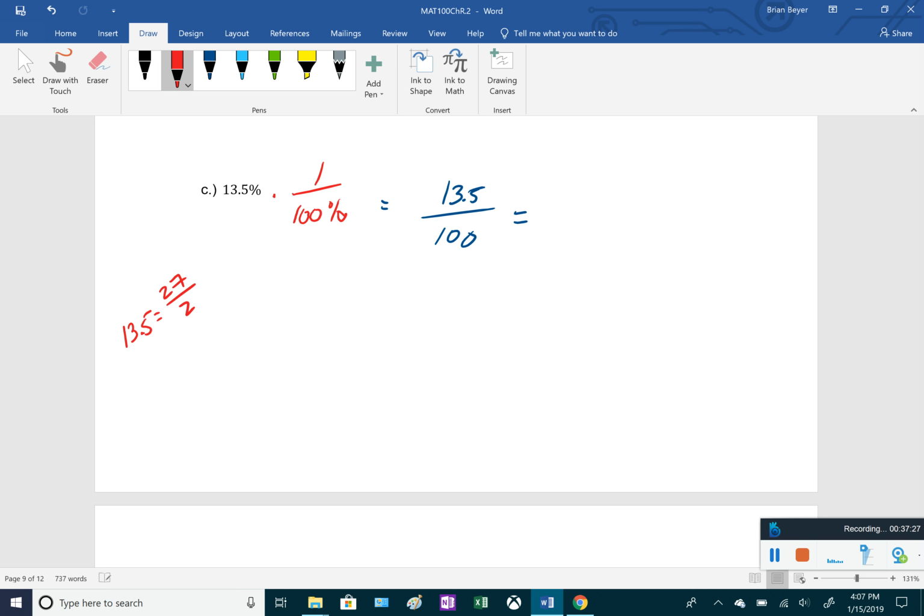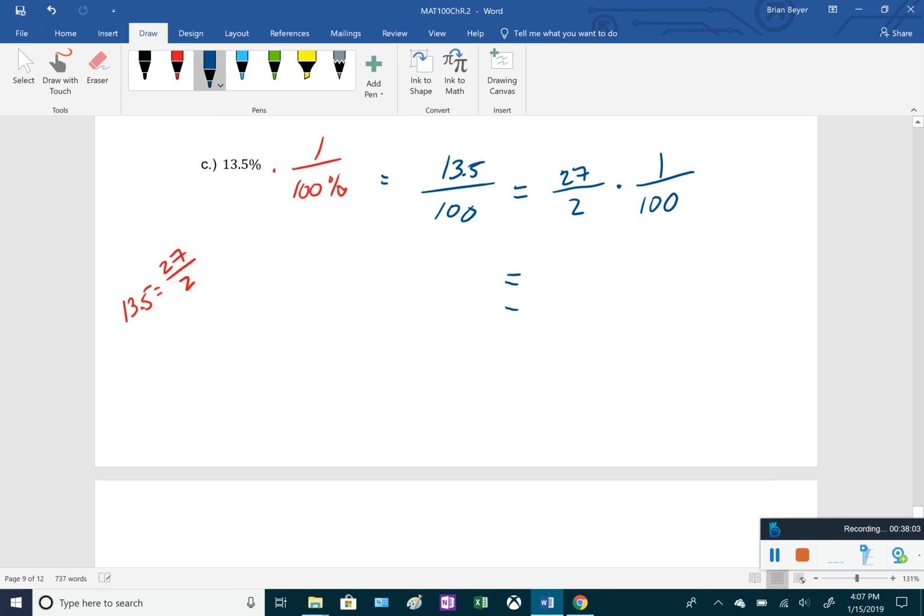So we can change a decimal to a fraction the same way that we did it a couple pages ago. So instead of 13.5 divided by 100 here, we can have 27 over 2 times 1 over 100. So it's kind of backtracking to how we started the problem, multiplying by 1 over 100 instead of dividing by 100. Kind of wrote this intermediate step unnecessarily, I guess.